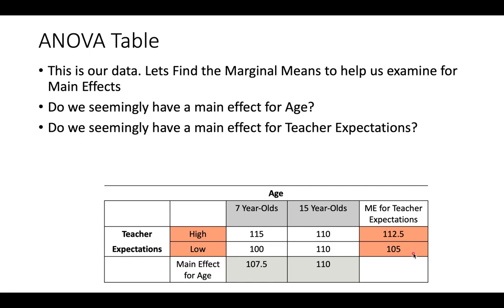That looks like it might be something. We can't be sure. We don't have the statistical data yet. We don't have the ANOVA table and the F values to tell us what's significant. But this certainly looks more promising than our main effect of age. So I would walk away from this means table with the expectation that I probably have a main effect of teacher expectation, and I probably do not have a main effect of age.